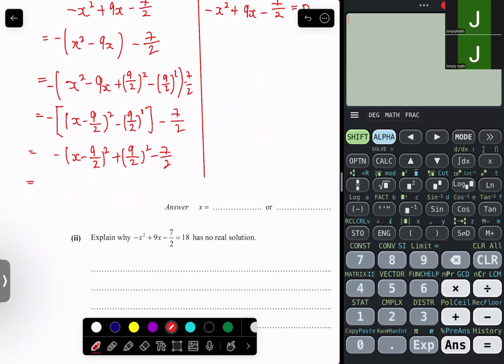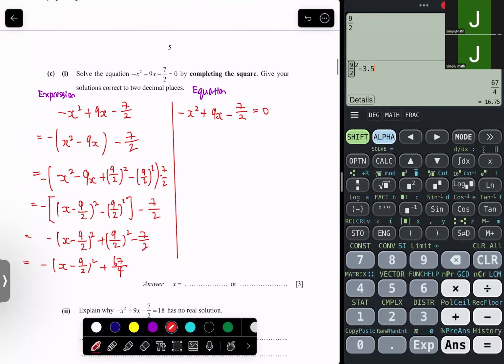So that will be negative x minus 9 over 2 squared plus 9 over 2 squared minus 3.5. Now this is by completing the square.